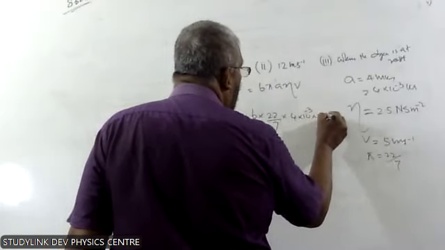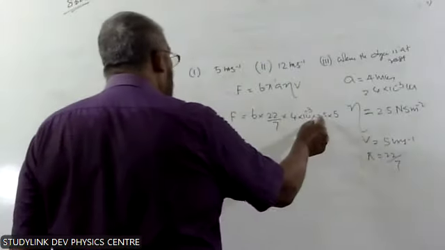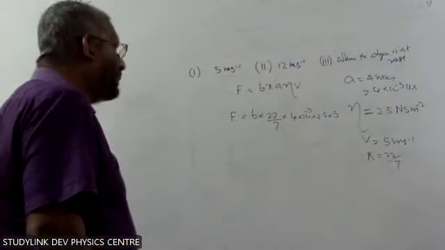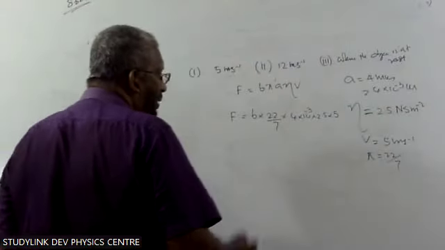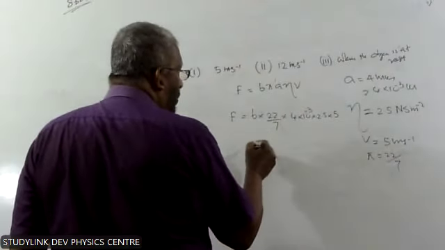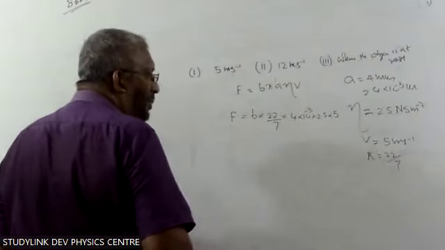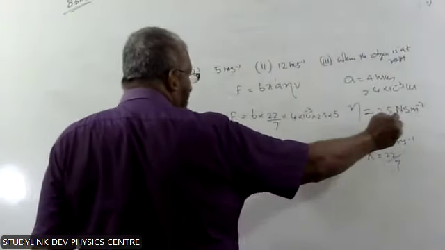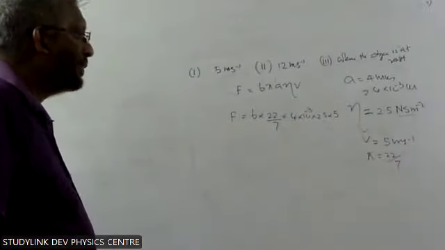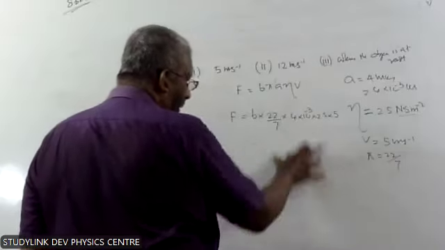Then 2.5 into 5. There is no need for you to write units here because we have already written them. After that, you have to simplify this. After simplification, you get the value in newtons. Since the answer is needed in newtons, I am using this Nsm minus 2. Then automatically, I'll show you what is happening.